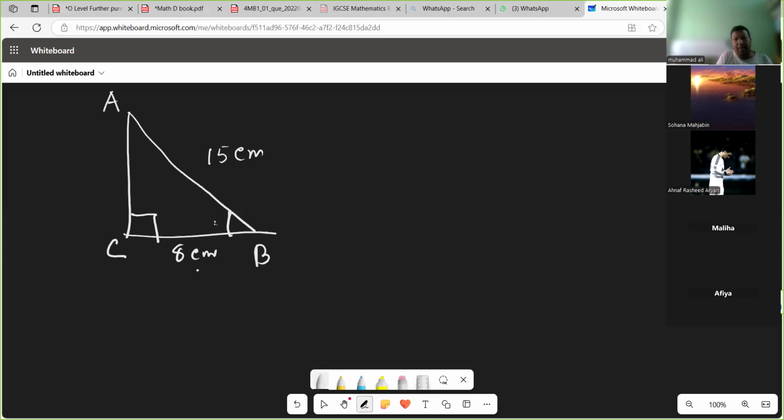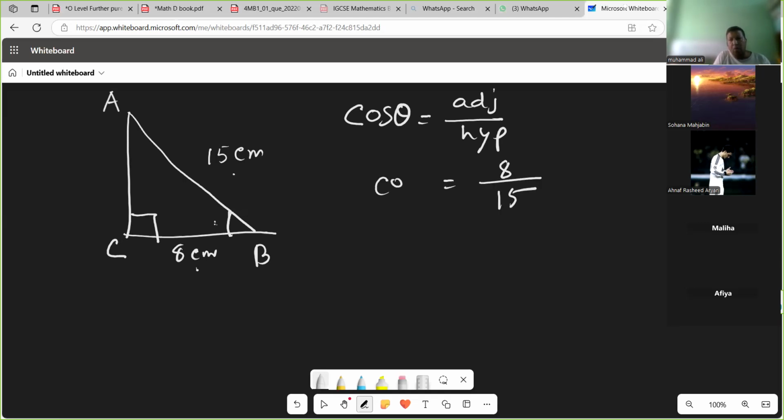You have adjacent and hypotenuse, so definitely the cos theta formula. Cos theta equals adjacent by hypotenuse. Adjacent is 8, hypotenuse is 15. So theta equals cos inverse of 8 by 15.